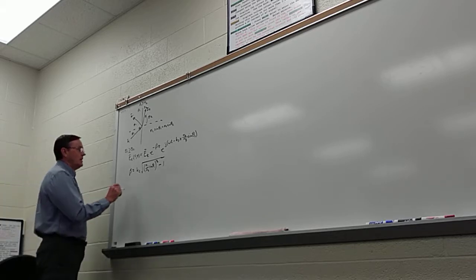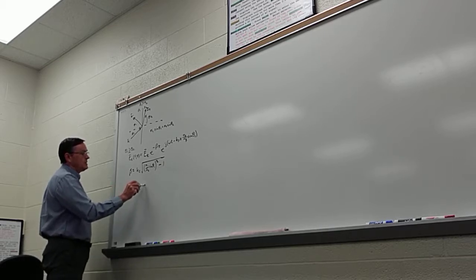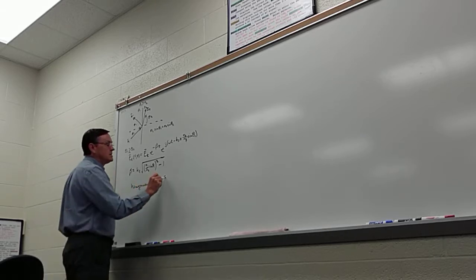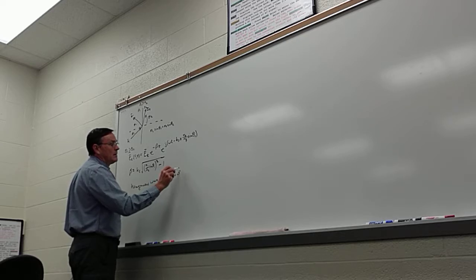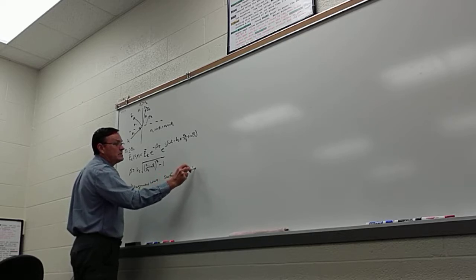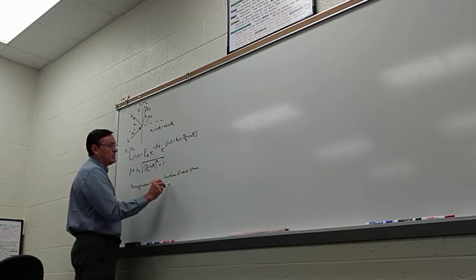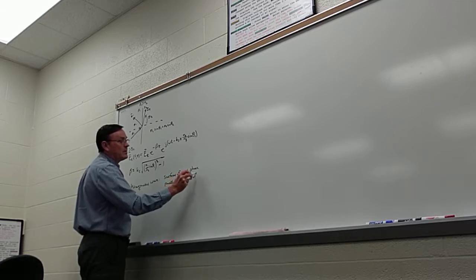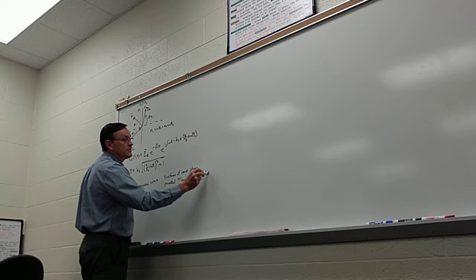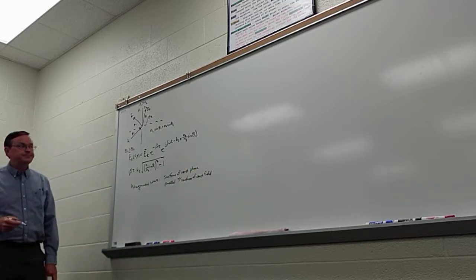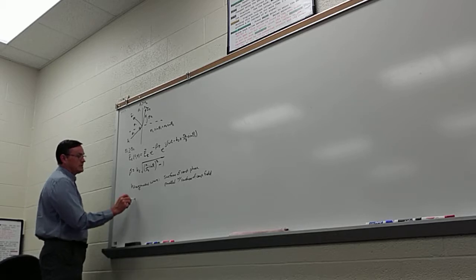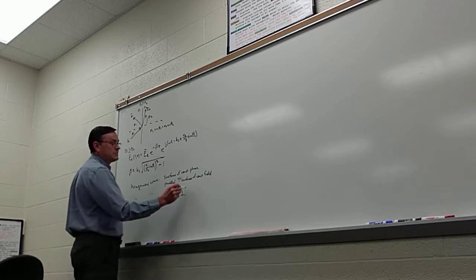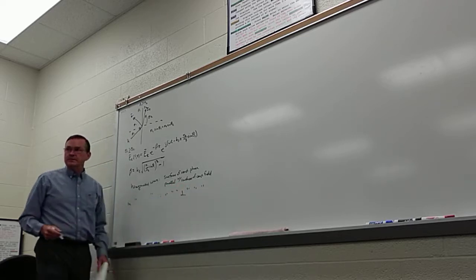So a homogeneous wave means that the surfaces of constant phase are parallel with the surfaces of constant field or field amplitude. For an inhomogeneous wave, the surfaces of constant phase are orthogonal to the surfaces of constant field.